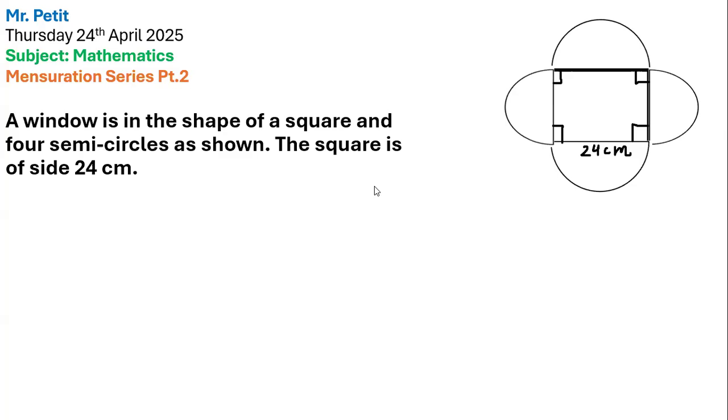There are 4 semicircles, each being 24 centimeters. In terms of the radius, it's 24. I mean, the diameter is 24 centimeters.